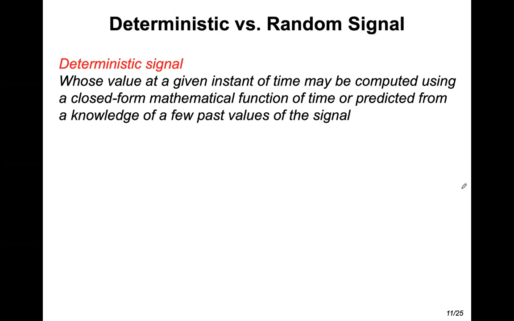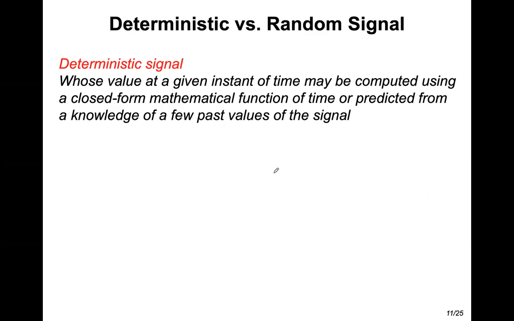But let us understand what a deterministic signal is. If I can know any value that can occur beforehand, either using a mathematical function or I can predict it from the past values, then I say this is deterministic, okay?